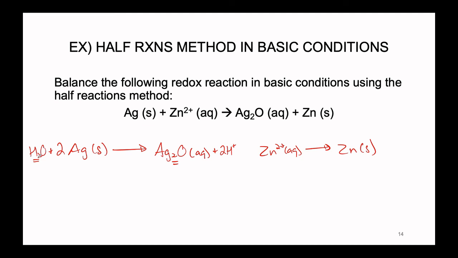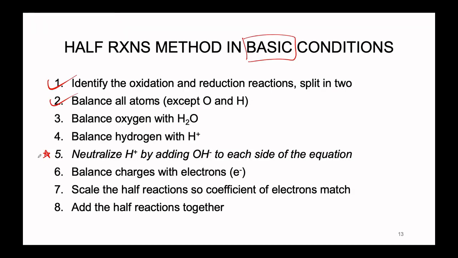It is these 2 hydrogens now that pose a little bit of a logical problem, since we are working again in basic conditions, and H+, which represents strong acid being present, kind of floating around, we know that strong acids and bases neutralize each other, so what we're going to have to do is represent that by neutralizing our H+, by adding OH- to each side of the reaction.